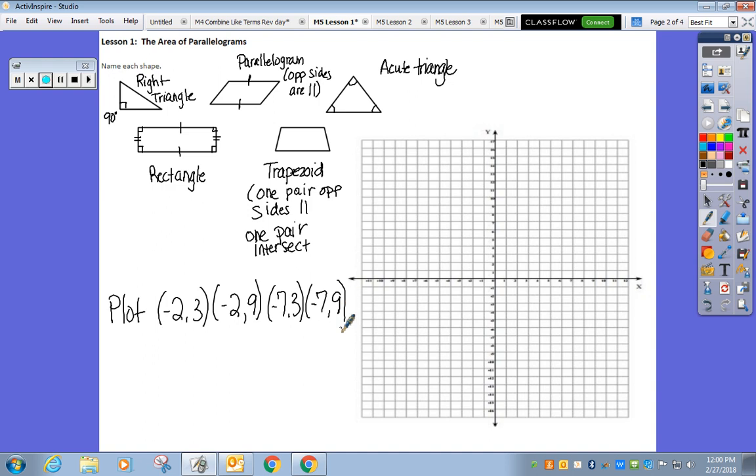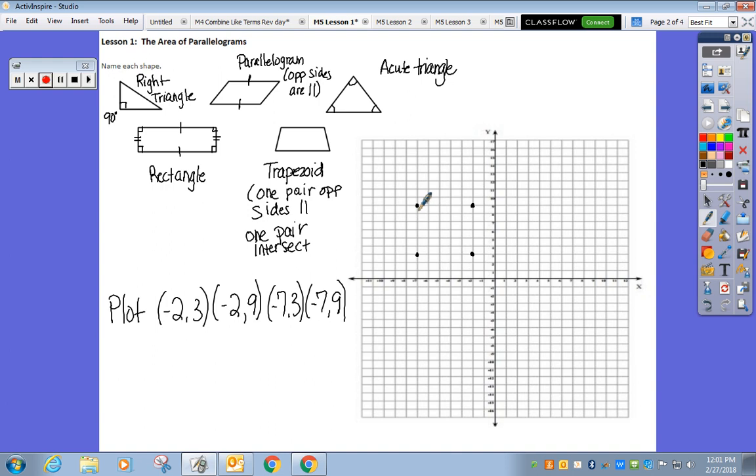So to plot these, if I were to go over to -2, up to 3, that would be my first point. Over to -2, up to 9, over to -7, up to 3, and then over to -7, up to 9. So I have created a rectangle.